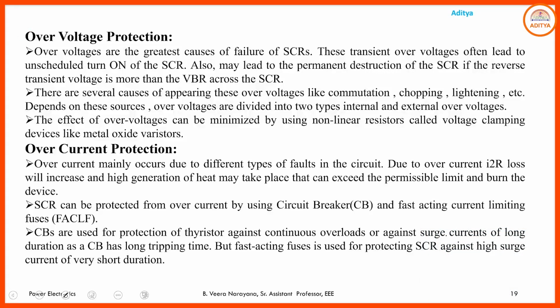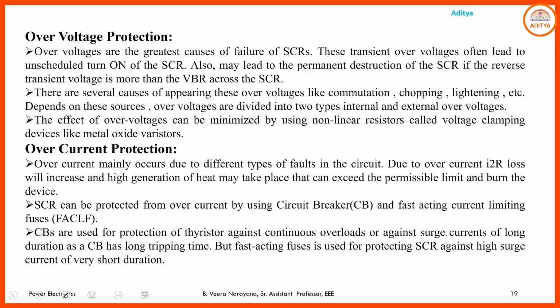If you go through the over voltage protection, these over voltages are the greatest cause of the failure of the SCR. These transient over voltages often lead to unscheduled turn on of the SCR. What is the meaning of unscheduled turn on will be discussed in dV by dt protection.